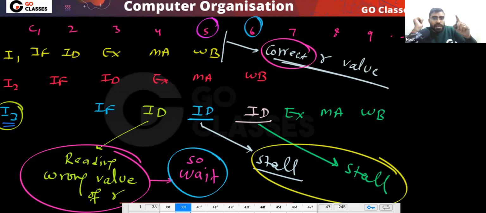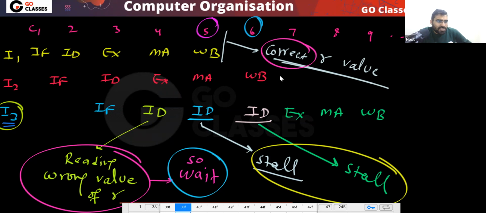It is the responsibility of this hardware to first detect the hazard and then stall. On whose shoulder have we put the responsibility of detection and stalling? On the shoulder of the decoder, the decoding stage. On the hardware we have put this responsibility.